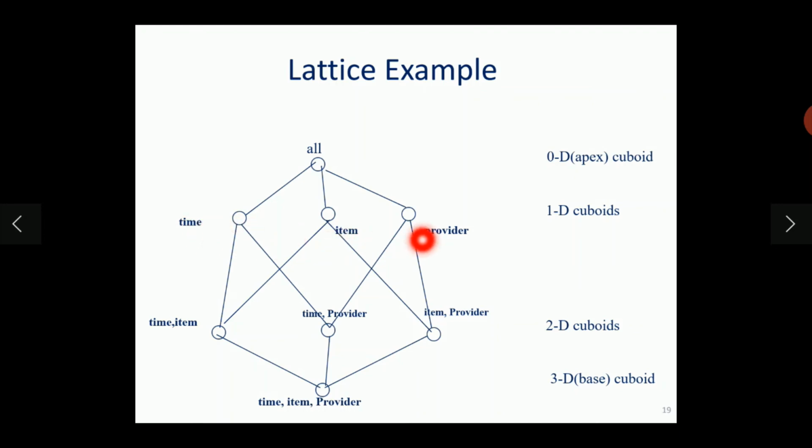Again, on top of it we have the dimensions time, item, provider. At each node we have a single dimension, so it is called a 1D cuboid. And at the top of this lattice we have all. That means it is 0D, also called the apex cuboid. This is a very famous example of the lattice.